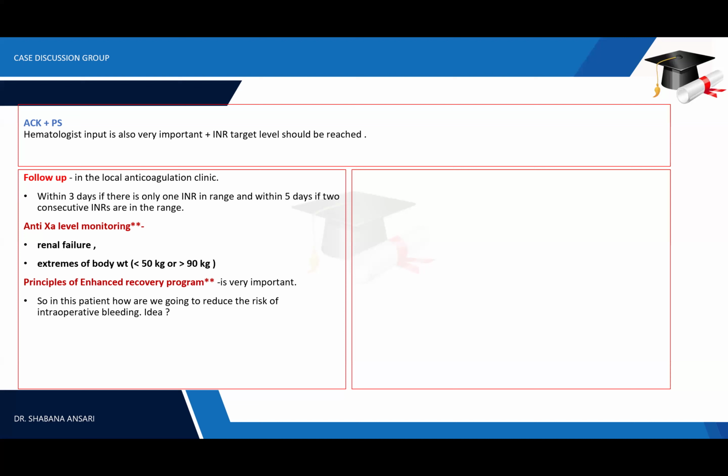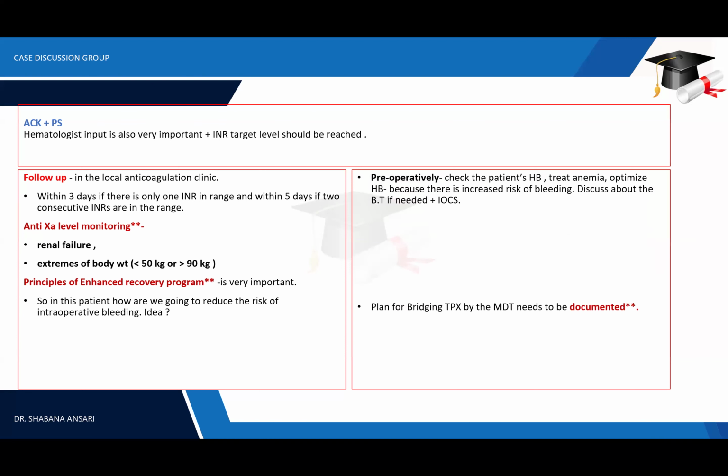So principles of the enhanced recovery program should come to our mind, but yes, we have to apply them according to the scenario. Preoperatively, as you said, we will check the patient's hemoglobin, treat any anemia, and optimize the hemoglobin because there is increased risk of bleeding, and discuss blood transfusion if needed, and intraoperative cell salvage.